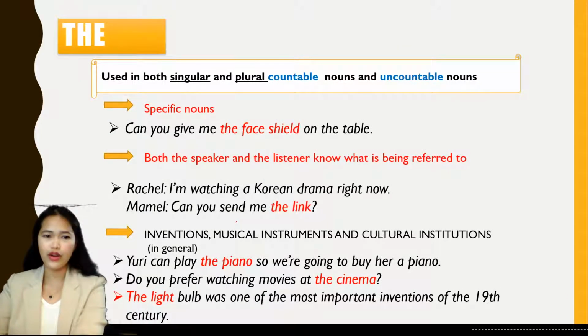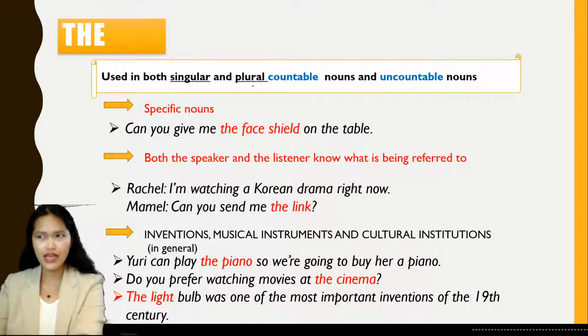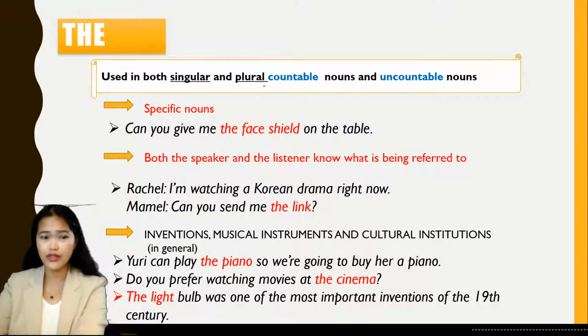So let's go on with the. Is it complicated? So we use the article the with both singular and plural. It's pretty complicated. But why do we usually use the? We use it with both singular and plural, countable and uncountable nouns. Oh, that's easy. Singular and plural, we can use it with both.